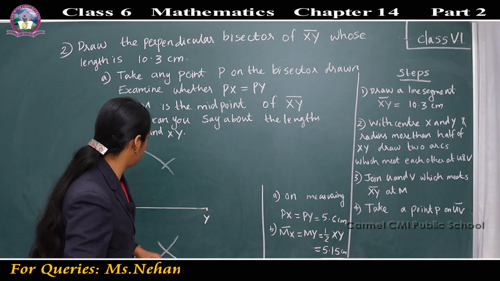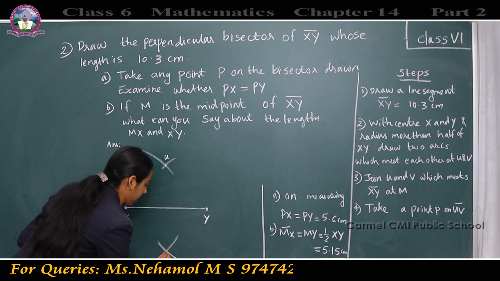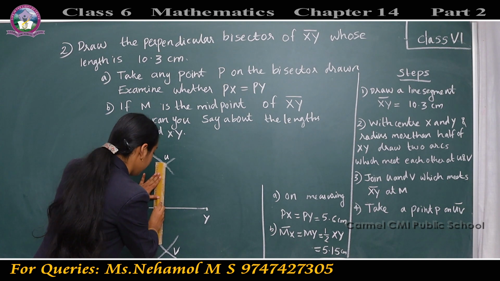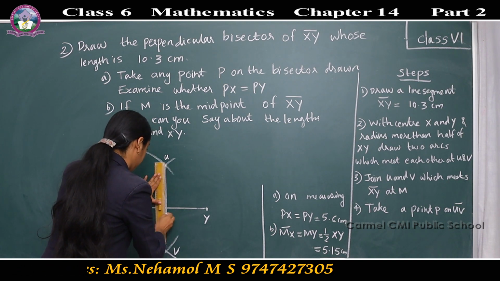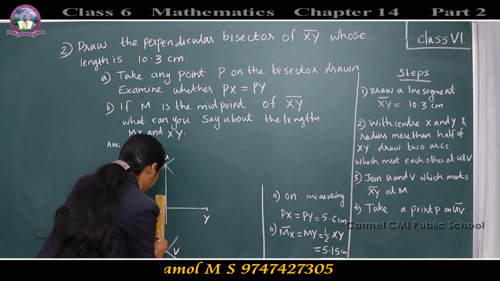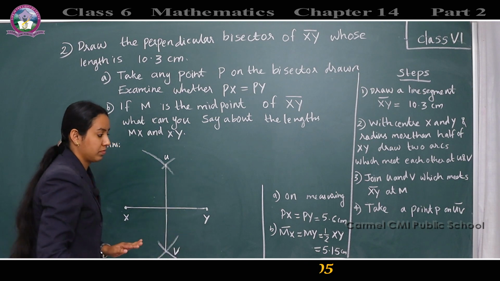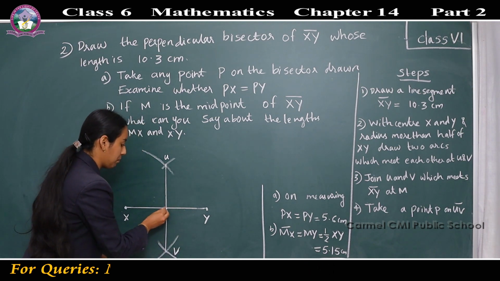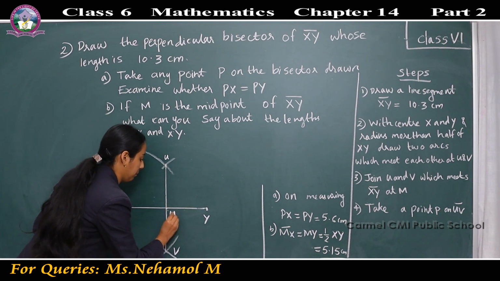Now let this point be U and this one V. Now join U and V. Then this is the midpoint of XY. So let this point be M.